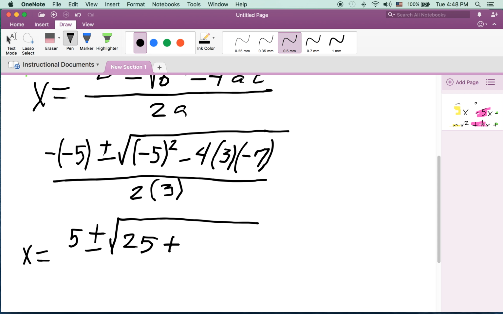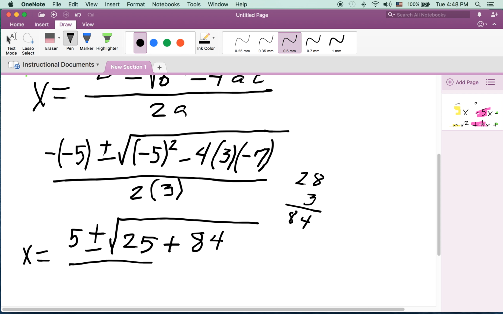We got two negatives here, so we get 28 times 3. Okay, so 25 plus 84, and then all divided by 2 times a, which is 6.